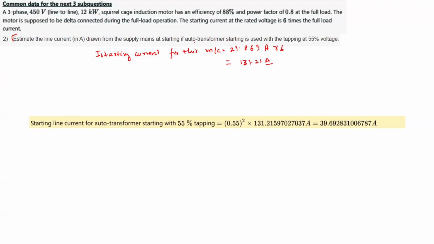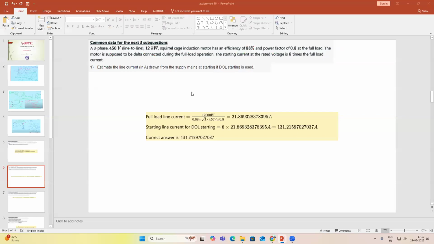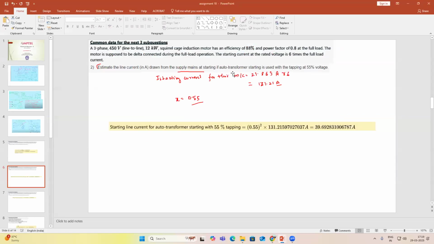Now they're saying that if you use the auto transformer starting method, then what will happen to the current drawn from the supply mains if the tapping x is 55%. Let us go to the previous class and see the relation between the starting current drawn with the auto transformer and the direct online starting current.